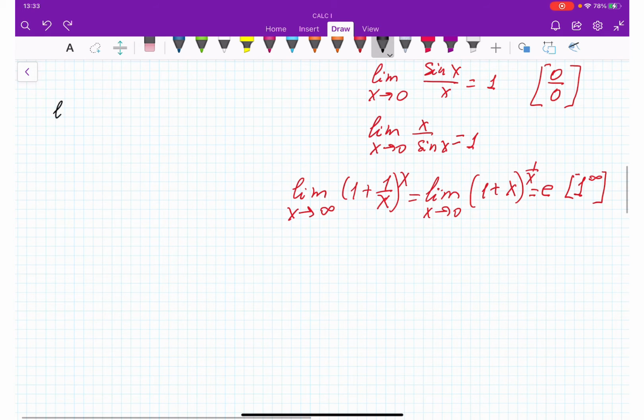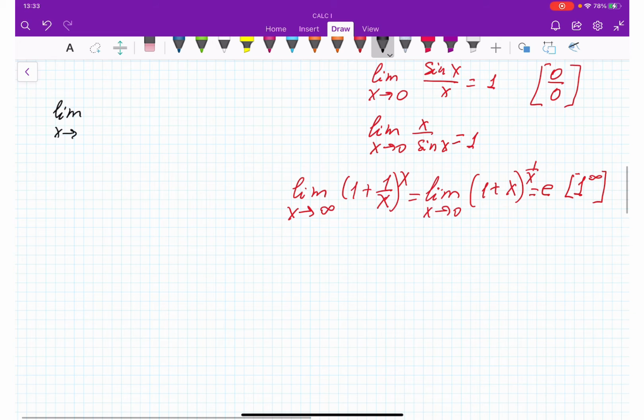Limit as x approaches infinity of 1 plus 1 over x plus 5. If we plug in, we are going to get 1 to the power infinity. Yes? Okay.